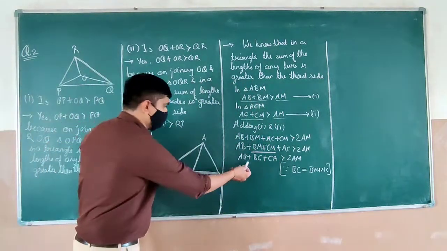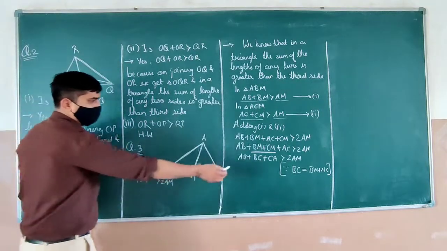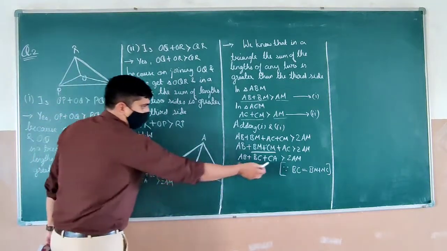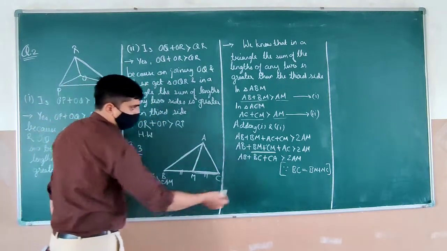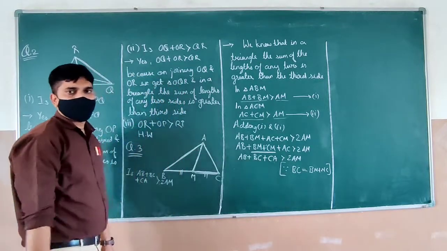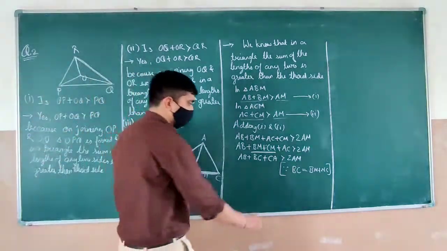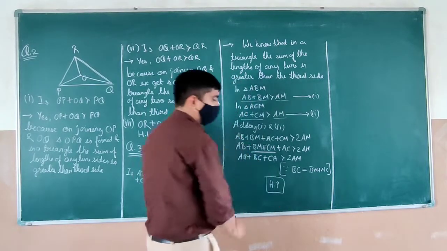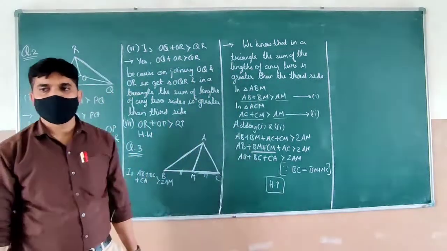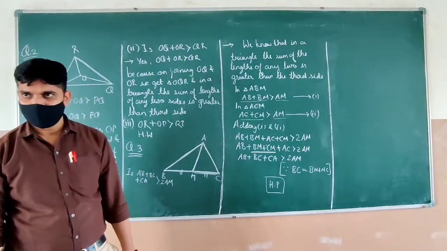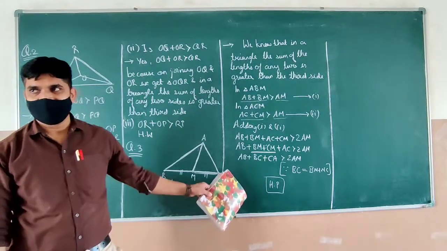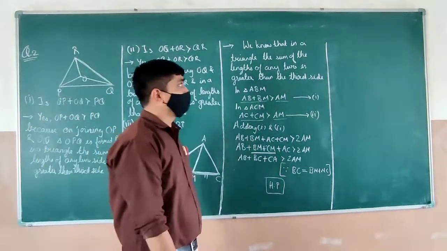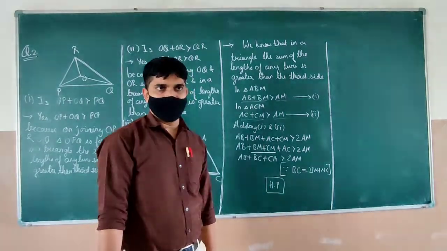And we proved it: AB plus BC plus CA is greater than 2AM. Hence proved. This will be HP, that is, hence proved. Clear or not? Question number 3, everyone understood?